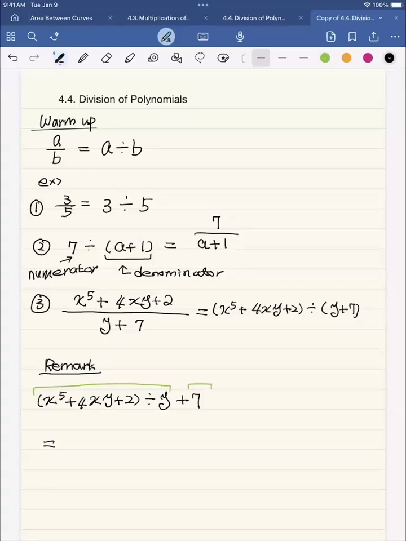When we convert the expression into the fraction-related expression, what we have to do will be x to the 5th power plus 4xy plus 2, because that's in the numerator, over y. And 7 is a separate number from the division. So we write like this. So those are not the same.